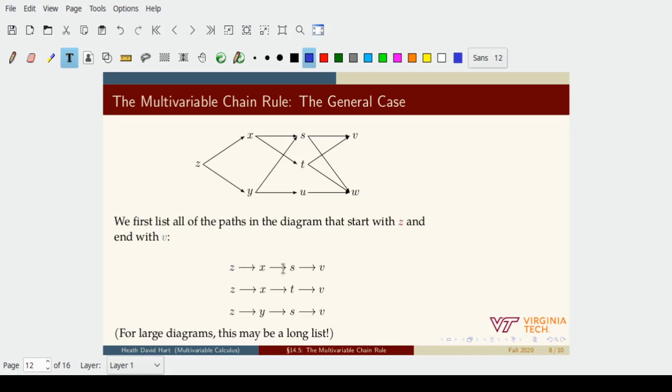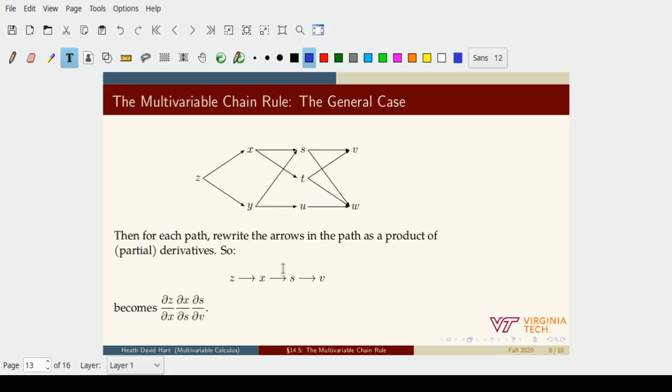And then we're going to take each path and convert it to a bunch of derivatives. And so the path from z to v that goes across the top, z to x to s to v, is the derivative of z with respect to x times the derivative of x with respect to s times the derivative of s with respect to v.